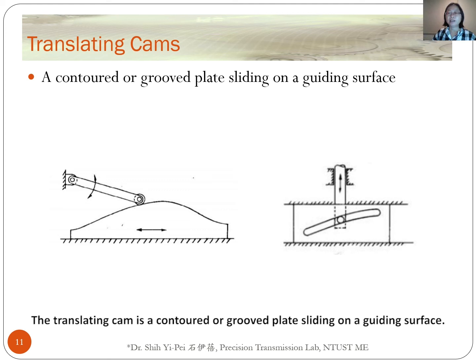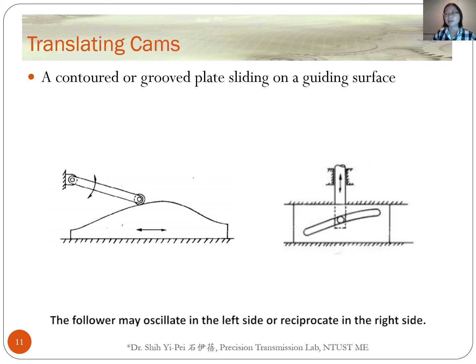The translating cam is a contoured or grooved plane sliding on a guiding surface. The follower may oscillate on the left side or reciprocate on the right side. The contour or shape of the groove will be determined by the specific motion of the follower.